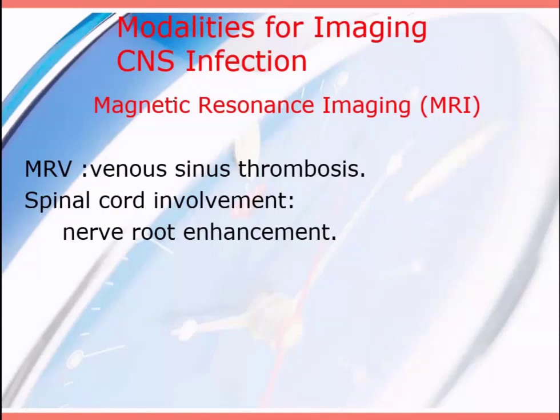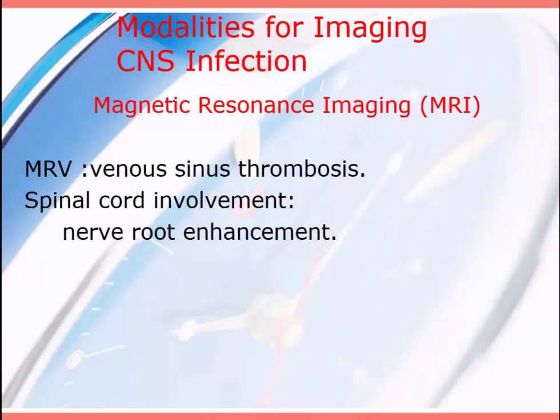Then we have the MRV, especially for venous sinus thrombus. It's important here to note that if you want to do a full examination of MRI for an infection, you have to do the following. MRI, diffusion-weighted images. You have to do SWI to detect the hemorrhage.